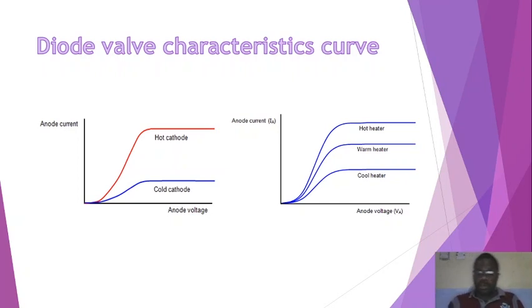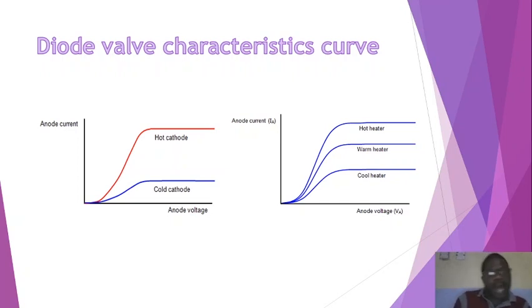Anode. Okay. Now, if you look at this curve, you see that it does not represent the normal ohmic condition we know. It does not obey Ohm's law. Ohm's law states that the current is proportional to the potential difference, or the voltage.